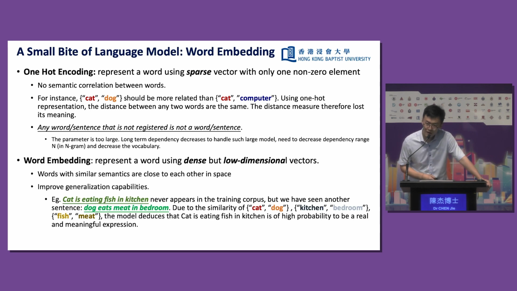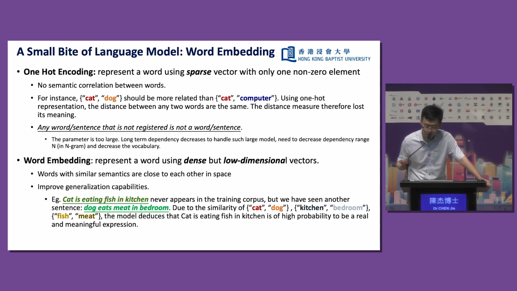And now another example. For example, if we have a sentence like this, cat is eating fish in the kitchen, right? And if our model has seen this sentence before, and because the sentence embedding can be quite flexible and more manipulable in the word embedding space, when we see a different sentence like this, dog eats meat in the bedroom, okay?